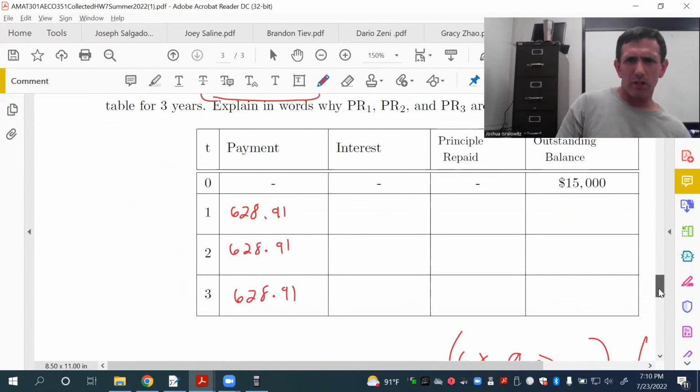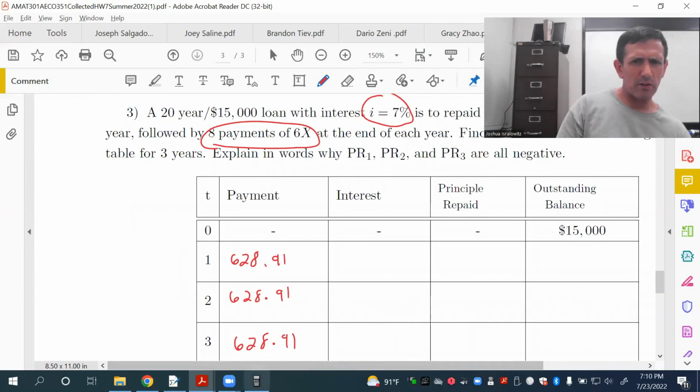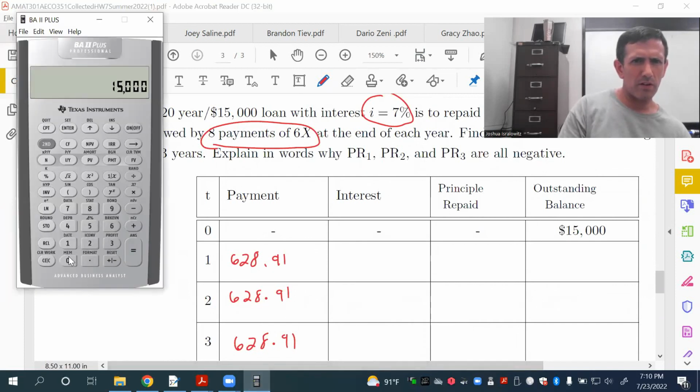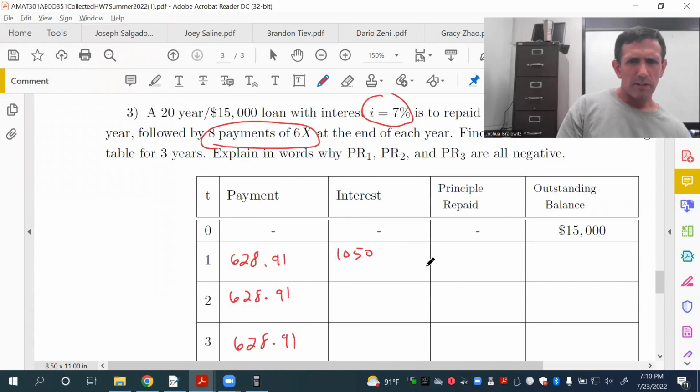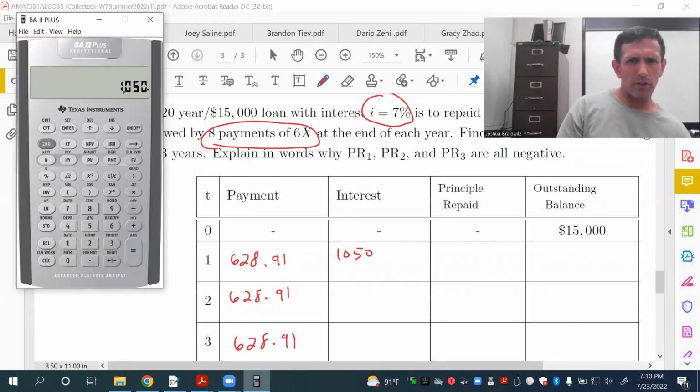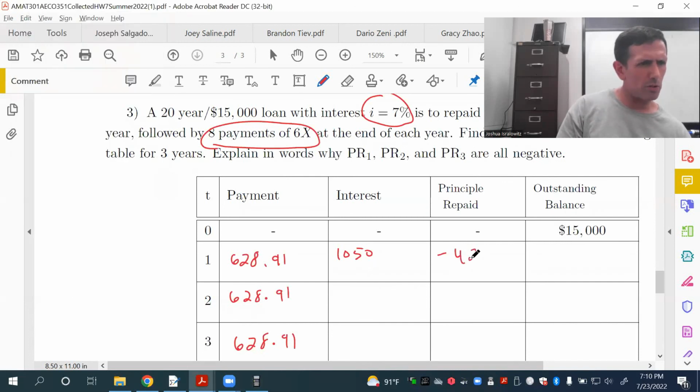All right, so 7% of 15,000 is $1,050. All right, so it's still the same formula, 628.91 minus 1,050 minus 421.09. So it's 15,000 minus 421.09.